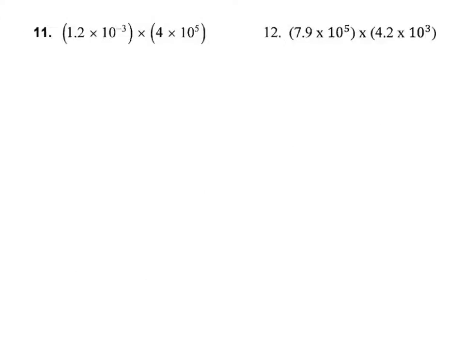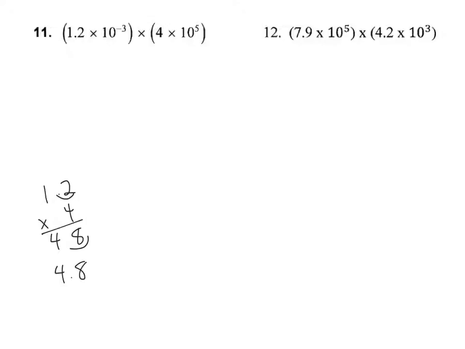Here are the last two questions on the review. In multiplication, so identifying that this is not addition or subtraction anymore, we're simply going to multiply these two front numbers. So I have 1.2 times 4. 4 times 2 is 8. 4 times 1 is 4. And then I have to move the decimal point 1 over.